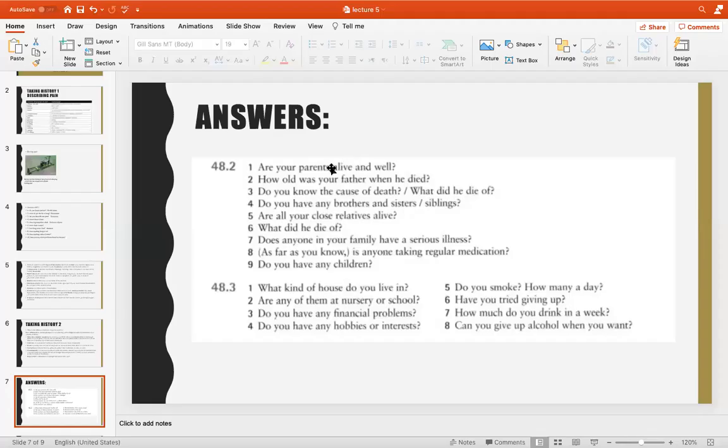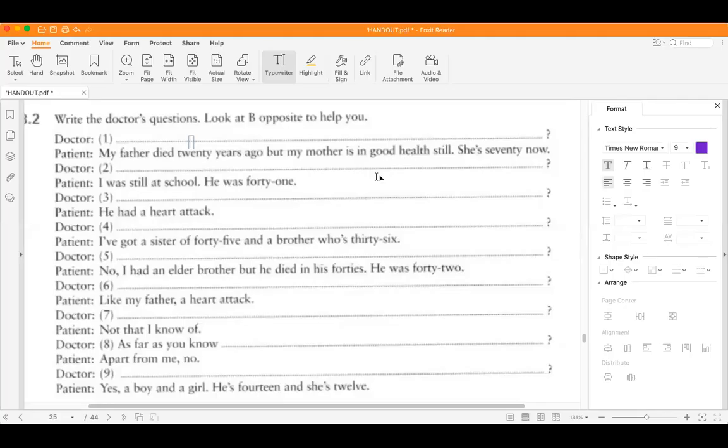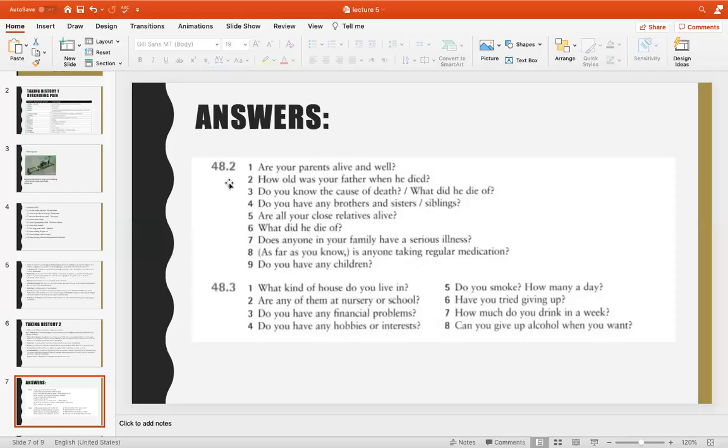So the answer here will be, are your parents alive and well? So his father died, but his mother is still alive. I was still at school. He was 41. So this question will be, how old was your father when he died?